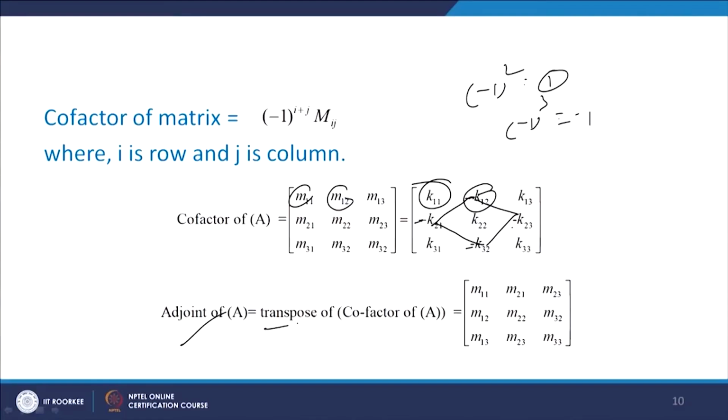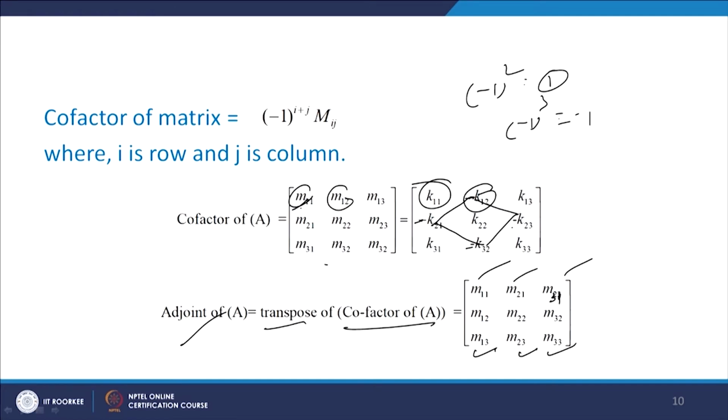Therefore, what we want, the adjoint of A, is nothing but the transpose of the cofactor of A. That means, once we get the cofactor of A by this arrangement, we have to transpose the elements. To transpose, you take M11 here, M21, then here M31, then here M12, M22, M32, and now here M13, M23 and M33.